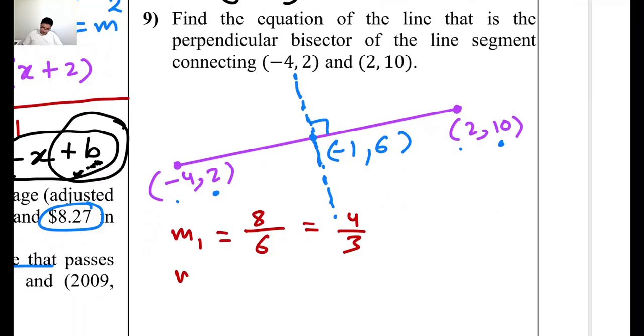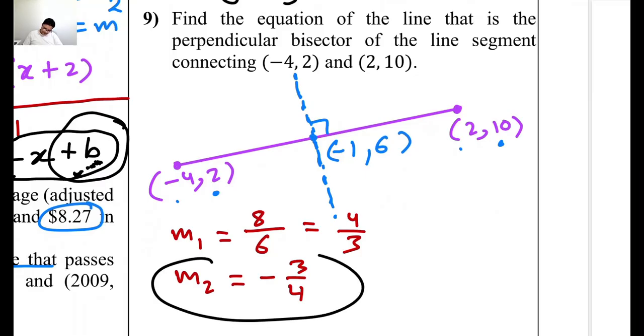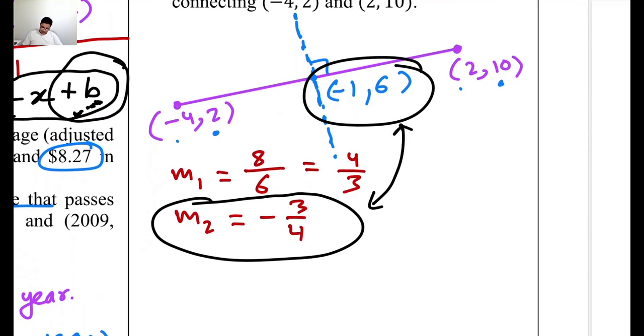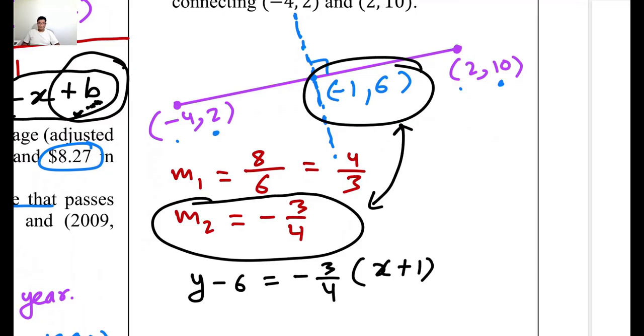So the slope of the required line m2 would be, because it is perpendicular, the negative reciprocal, right? Now I have the two pieces of the puzzle here, slope and point. So your equation would be y minus y1, which is 6, equals negative 3 over 4 times x minus x1, which is negative 1, so x plus 1. That would be your answer.